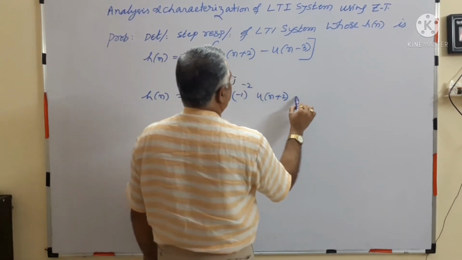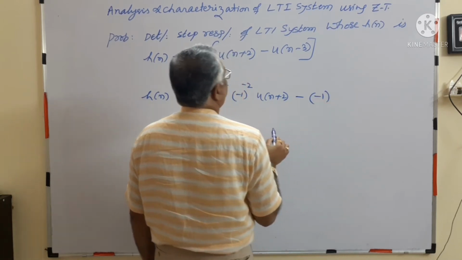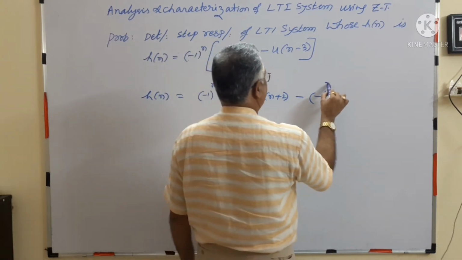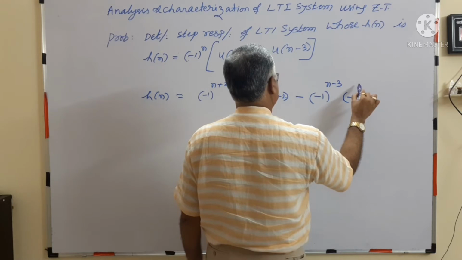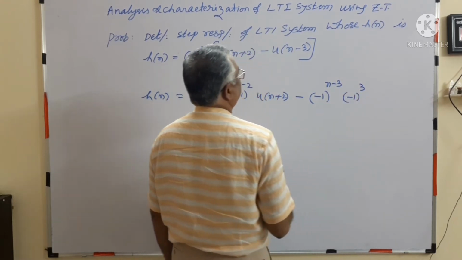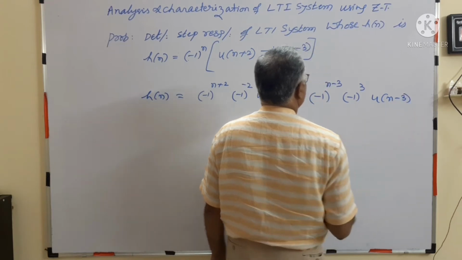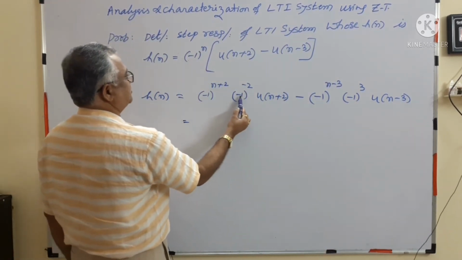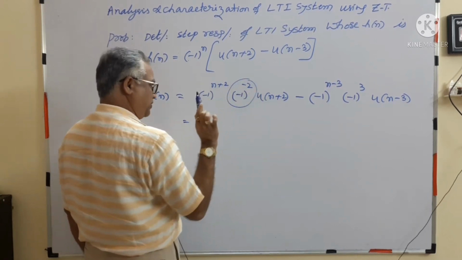Next, (minus 1) to the power of n minus 3, then (minus 1) to the power of plus 3, then u(n minus 3). Okay, so (minus 1) to the power of minus 2, what is this value? Plus 1.